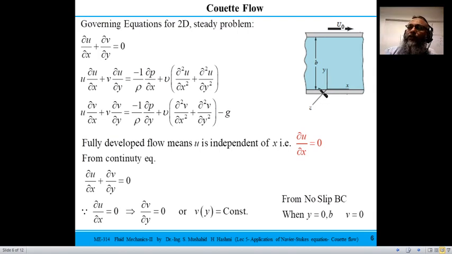This boundary condition is called the no slip boundary condition. So if we employ this, we have this boundary condition.